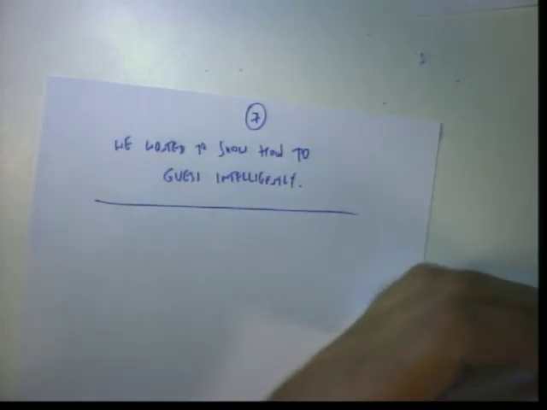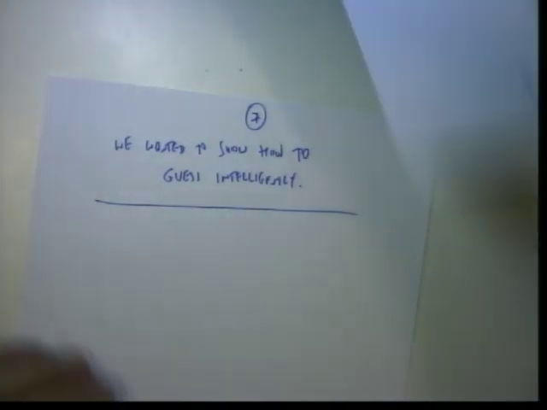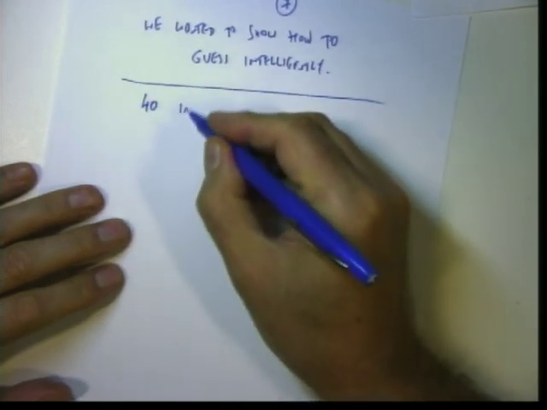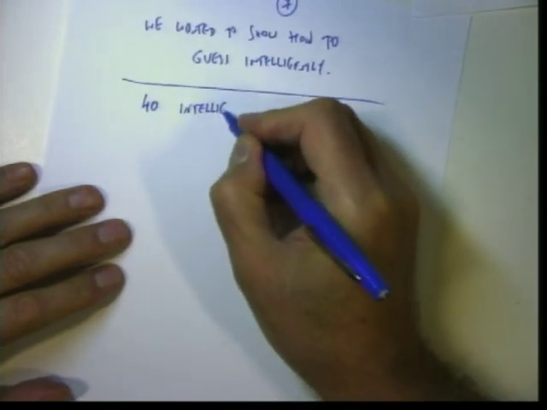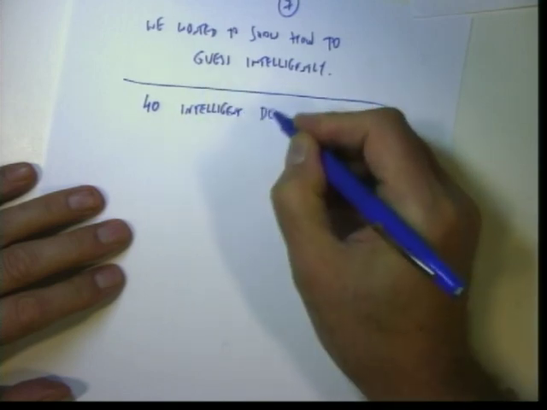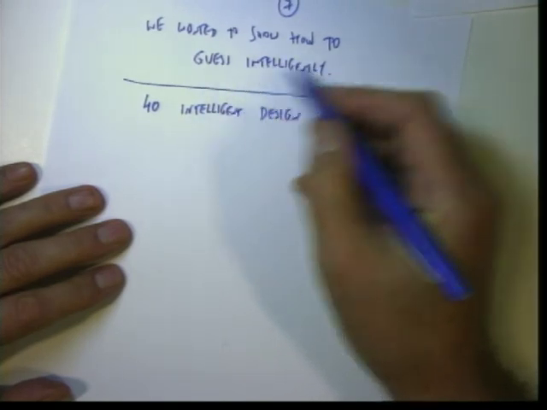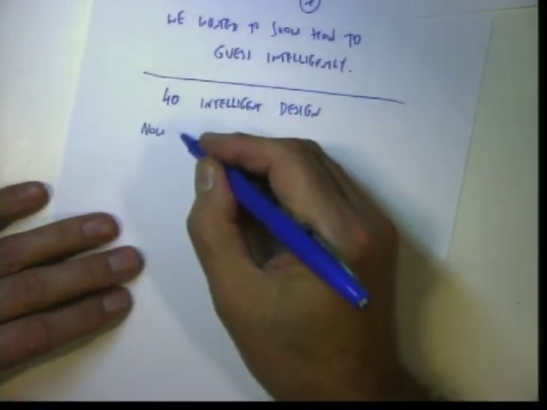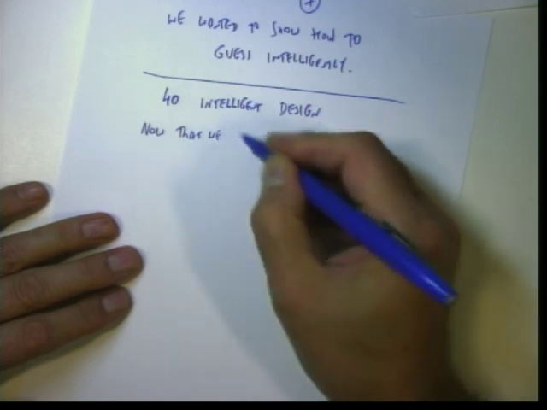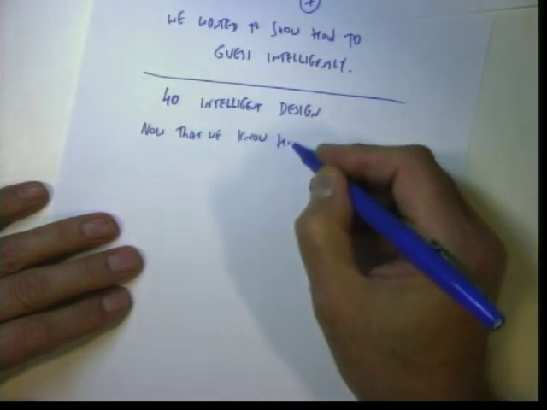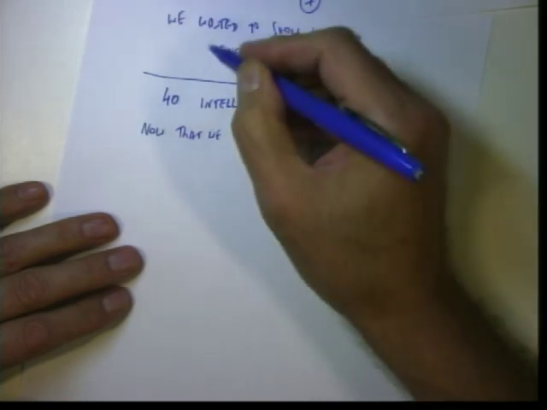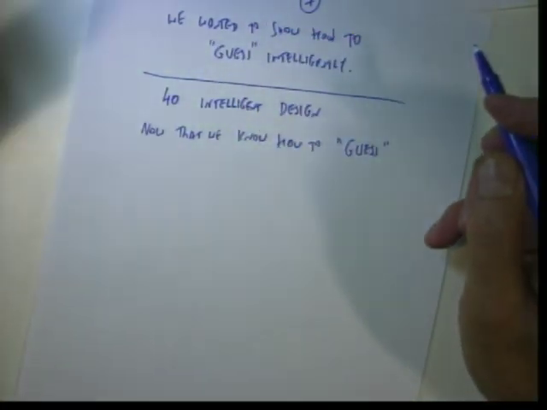Any questions? Topic 40 will have a somewhat provocative title, Intelligent Design. Now that we know how to guess intelligently, guess, of course, should be taken in quotation marks because we actually did not guess, we obtained.